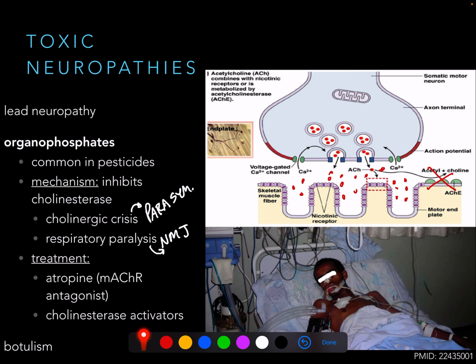Now, you might be wondering, why is it that too much acetylcholine leads to paralysis? Well, we overactivate the acetylcholine receptor, either putting the muscle in depolarization block, or we desensitize the acetylcholine receptors so they stop depolarizing the muscle. There's a few ways. We want that nice baby bear range of acetylcholine.